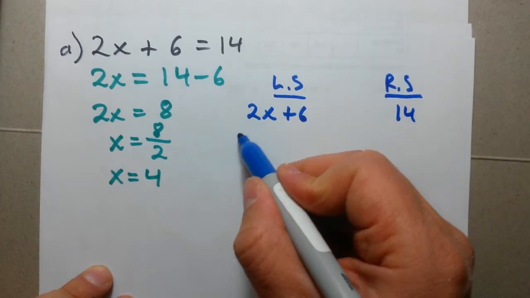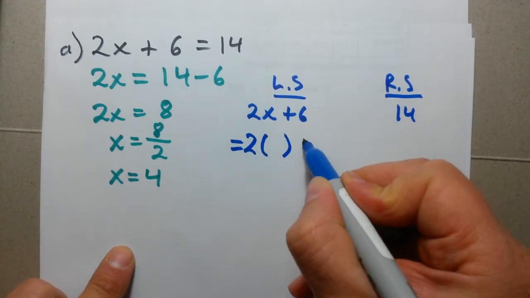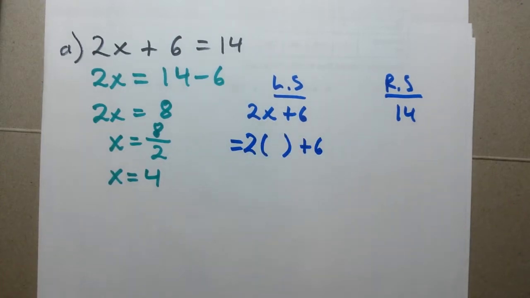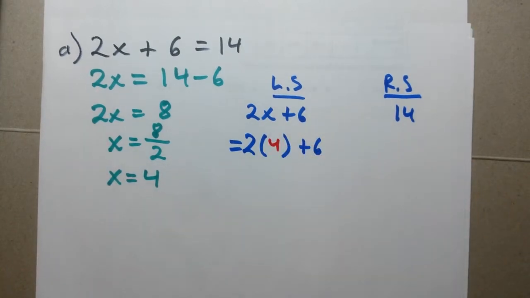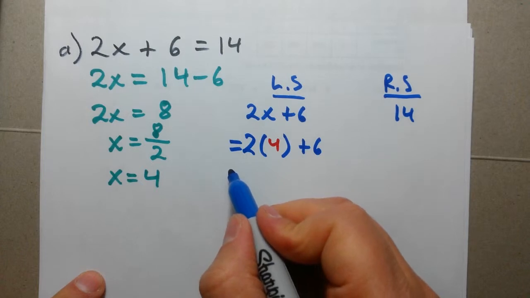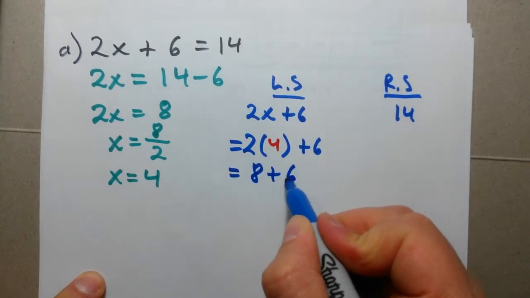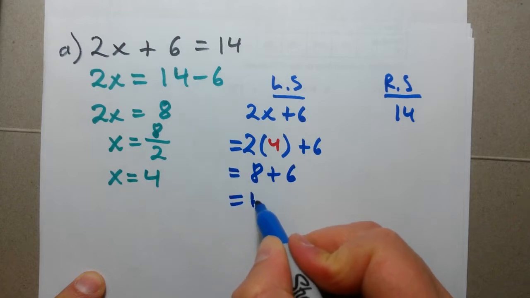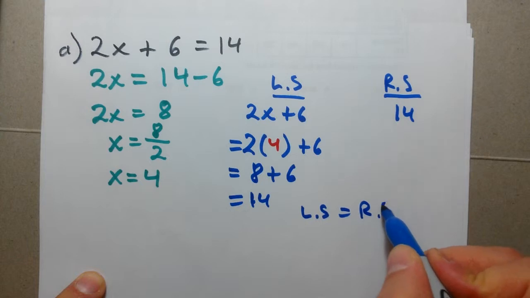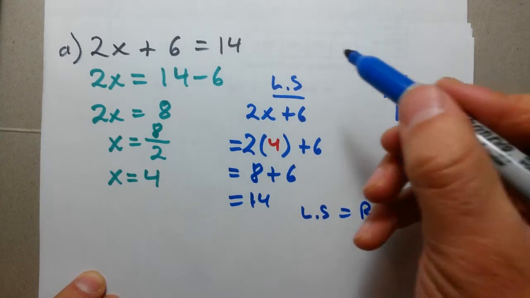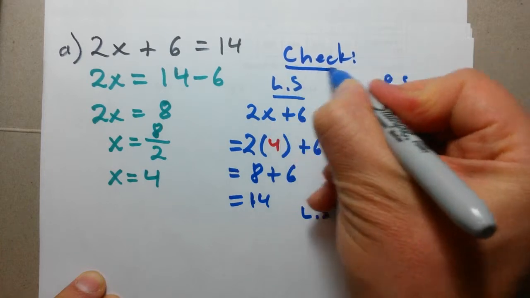So let's start with this side: 2x, so we substitute the 4 for x, and then we further expand this. 2 times 4 gives you 8 plus 6. What's 8 plus 6? 14. So we can see that the left side equals the right side. So if a teacher asks you to check, this is what you do to check your answers.